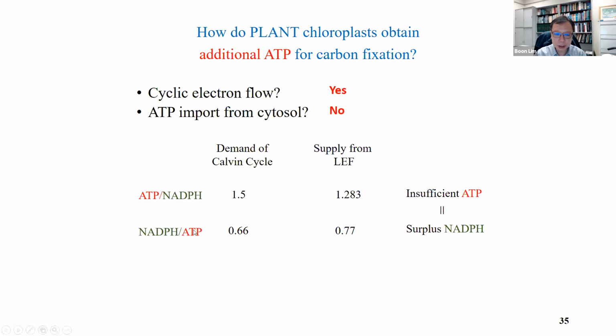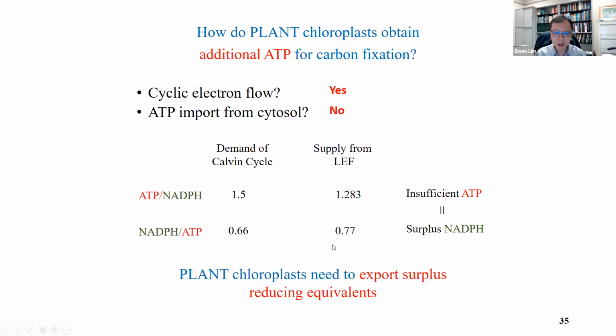But if we reverse this ratio, we can see that there is a surplus of NADPH during photosynthesis. So plant chloroplasts need to export surplus reducing equivalents during photosynthesis so as to balance the NADPH and ATP ratio.